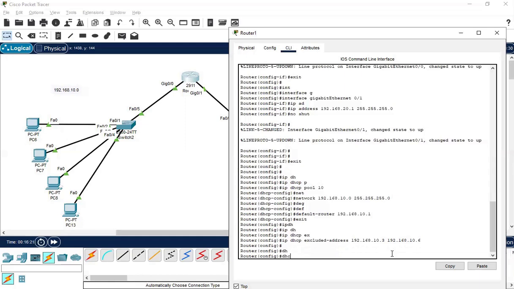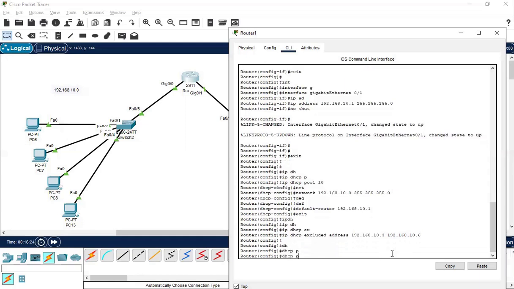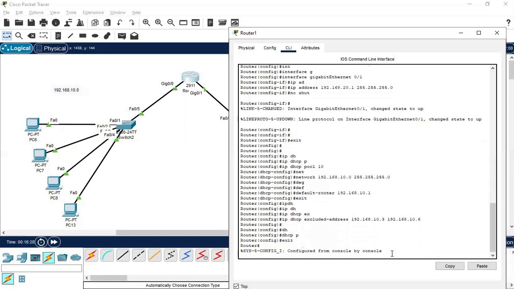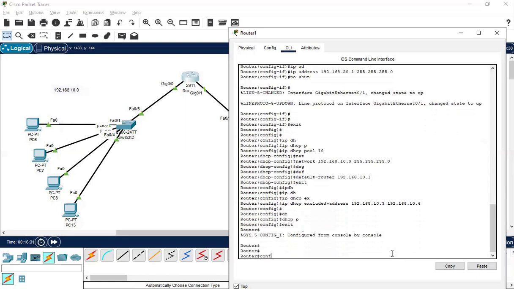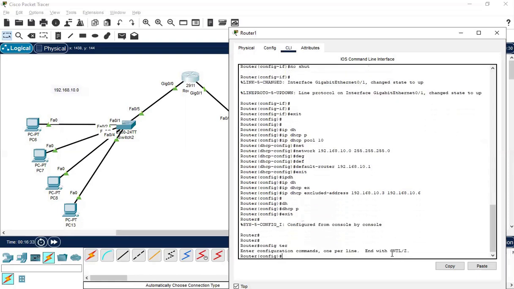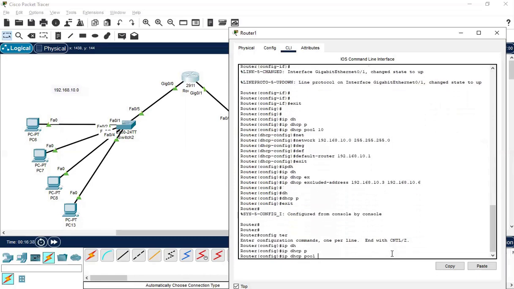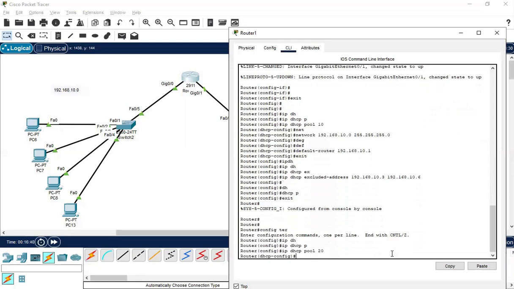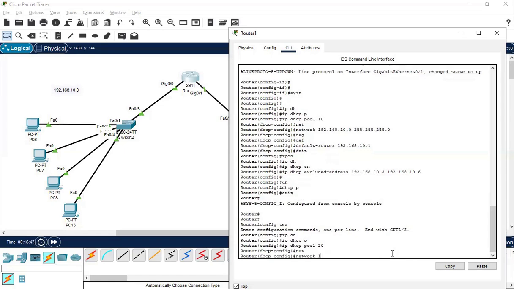ip dhcp pool 20. What we entered after this, the network address, we have to specify: network 192.168.20.0 255.255.255.0.